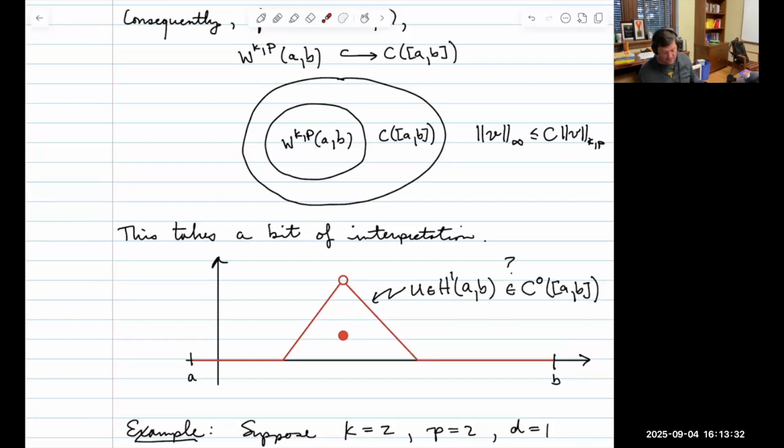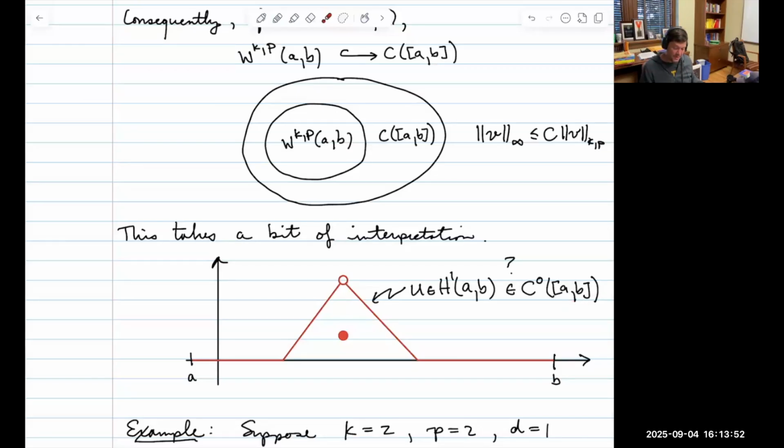And this is still true in this case. So how could a function which looks like this function in red, which turns out to be an H^1 function, be understood as being continuous? A C^0 function on the closed interval from A to B.